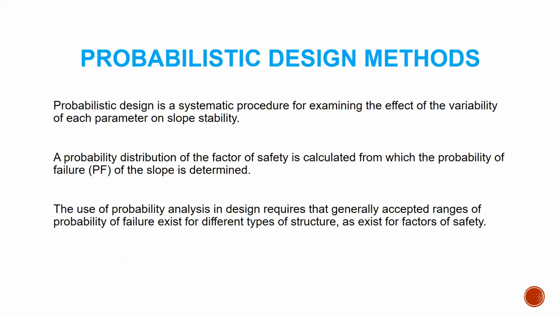So based on this concept, nowadays the probabilistic design method has been adopted, and it is widely used in different fields of slope stability. So this is a preliminary concept. Whenever we require it in detail, we will discuss, because this is basically a research domain and project to project people are working. So for greater details, if you are interested, you can consult a book, you can read it, and if you cannot understand, we can discuss.